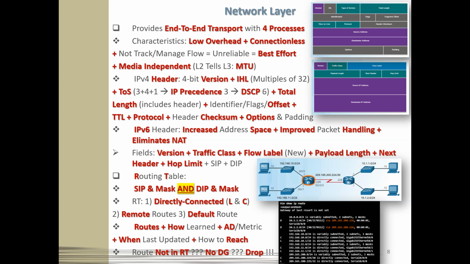IHL, the IP header length, has to be in 32-bit increments, and that's why if one or more options are used, the size of the IP header is no longer a multiple of 32 bits, and for this reason 0 bits are added to pad out the header so it ends on a 32-bit boundary.